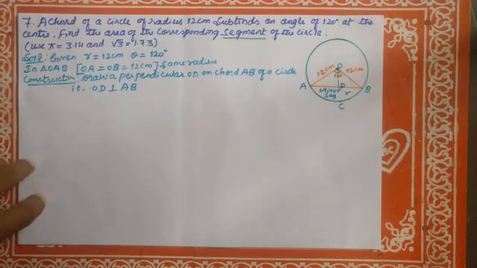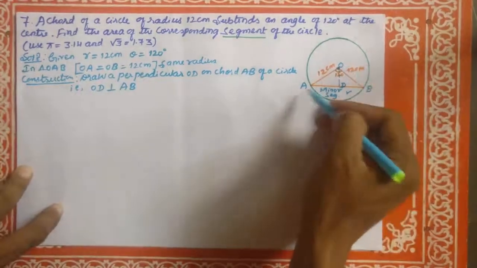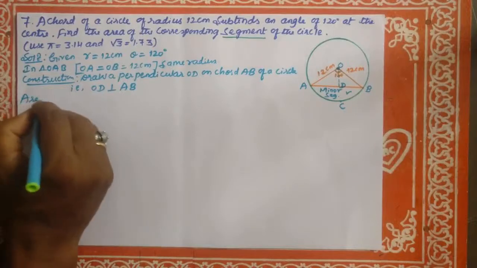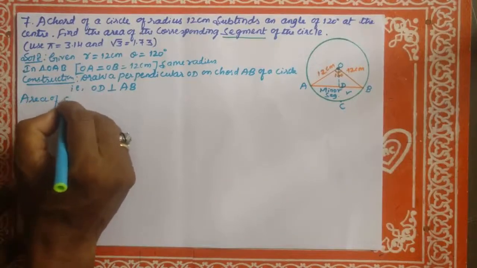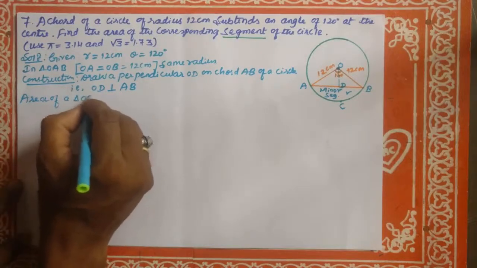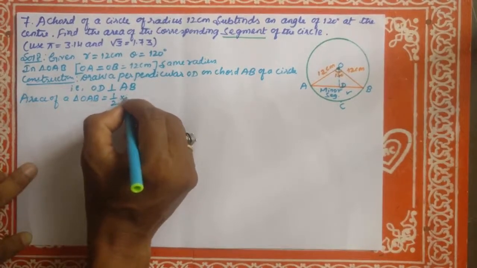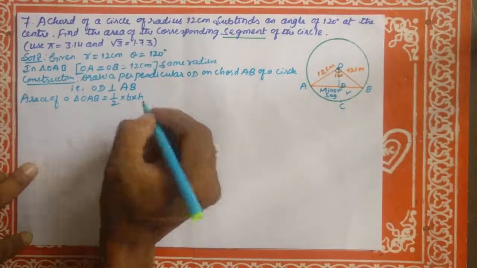You can write it like this also. Now, area of triangle OAB is equal to half into base into height.